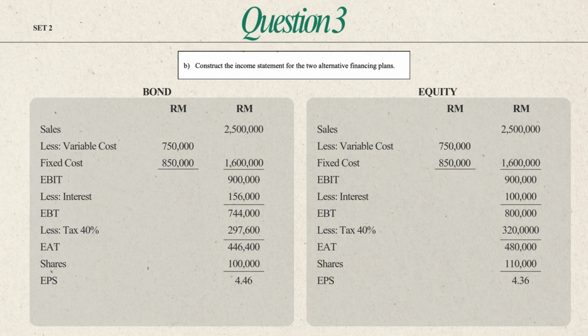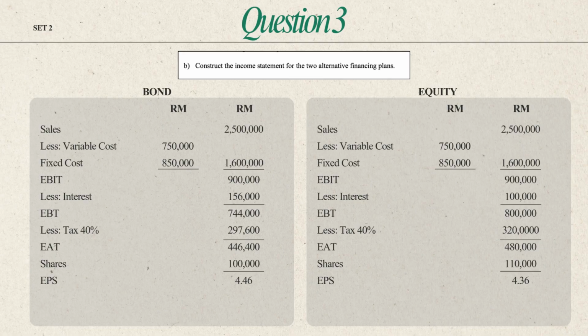So under bond financing, the expansion is funded by bonds at an interest rate of 14%. So this creates additional interest of 56,000 ringgit, making a total interest of 156,000 ringgit. After tax, earnings are 446,400 ringgit with 100,000 shares outstanding, and their earnings per share are 4 ringgit and 46 cents.